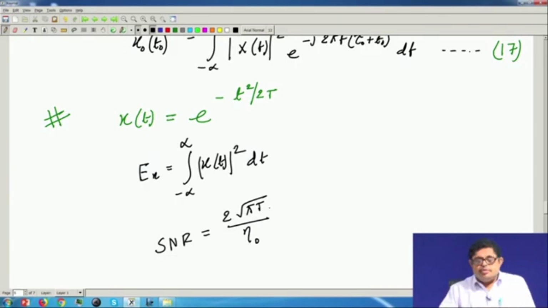So we are ending today, but actually communication people only do this. We will see later that the output of the matched filter has some additional properties which are very important for radar. We will try to see those properties.